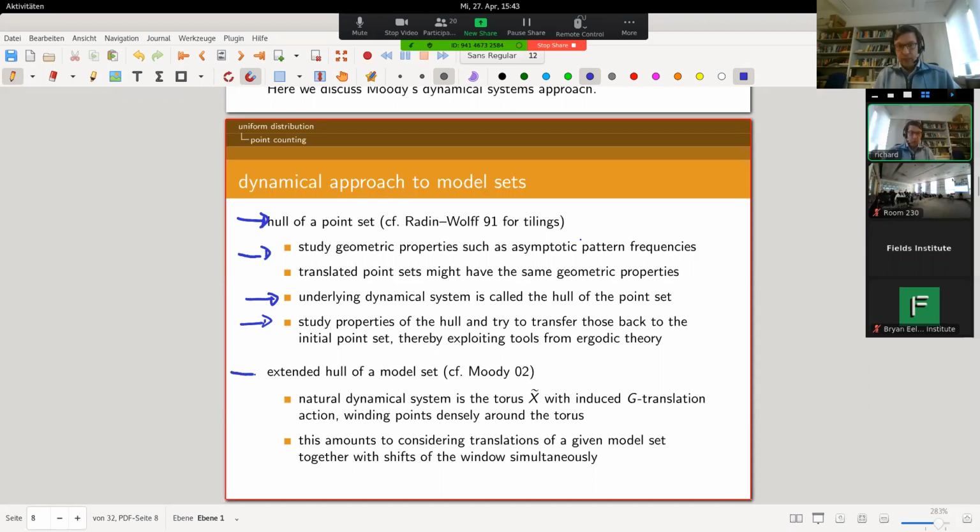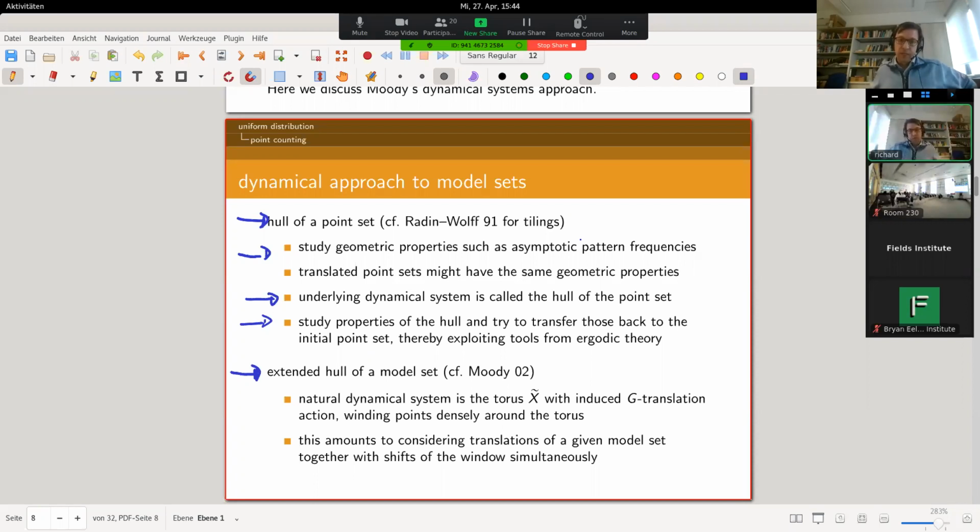So what Moody was actually doing or suggesting is not using the hull of the point set, but something which we would like to call the extended hull of the point set. The idea behind this, if you look at it geometrically, is that the natural dynamical system is the torus with the induced G translation action, such that if you take a point there and apply G, the point winds densely around the torus.